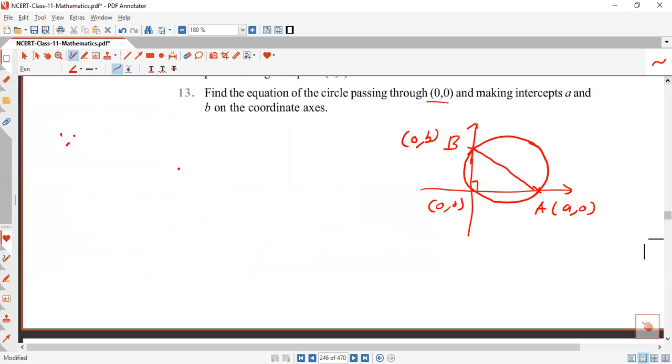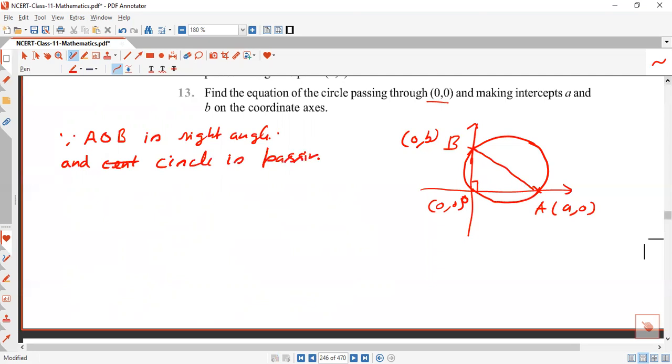Since AOB is a right angle, and the circle is passing through its vertices, the center of the circle will be the midpoint of the line AB.